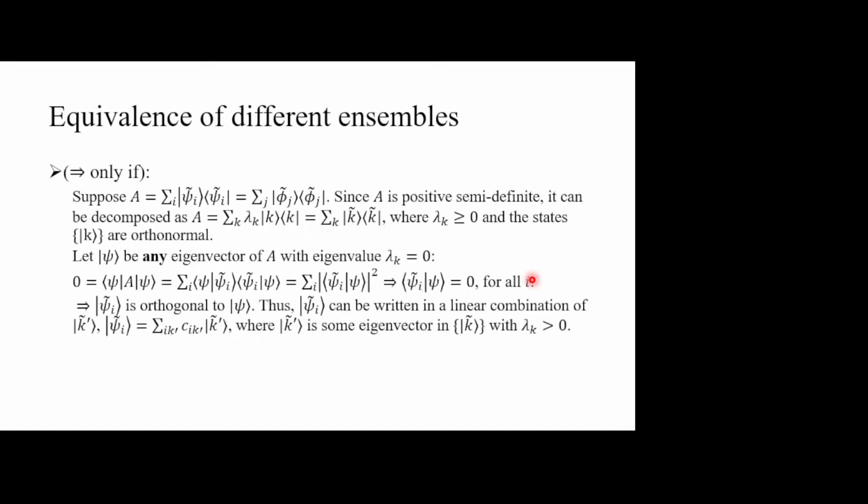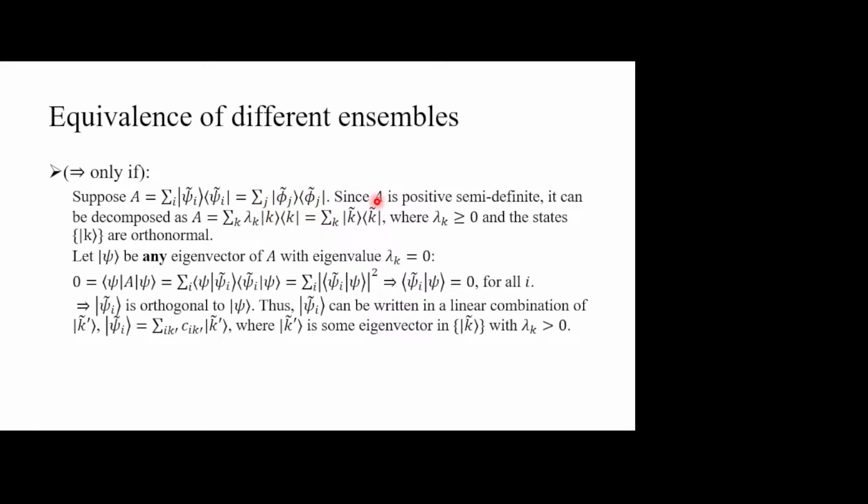The high-level strategy is actually quite simple. What we want to show is that when we have some density matrix A that's the same as the density matrix calculated from psi tilde, and also the same as the density matrix calculated from phi tilde.